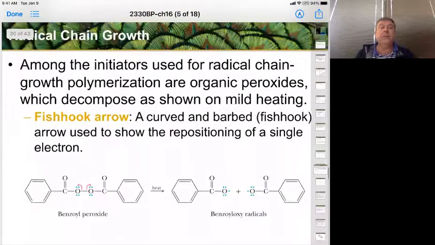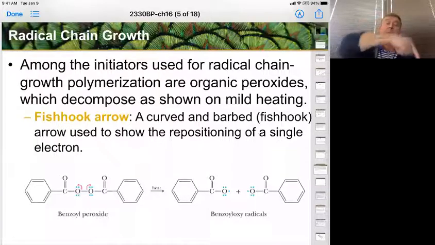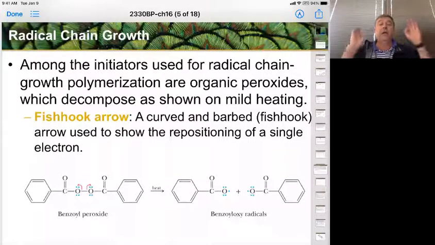Okay, so the first thing we need to do is create a radical. In all the reaction mechanisms we've done up to now, we've been using a 2-pronged arrow showing 2 electrons moving from one place to another. Our nucleophile had 2 electrons and we had a double-pronged arrow. When you create radicals, you must use a single-pronged arrow or a fishhook arrow.